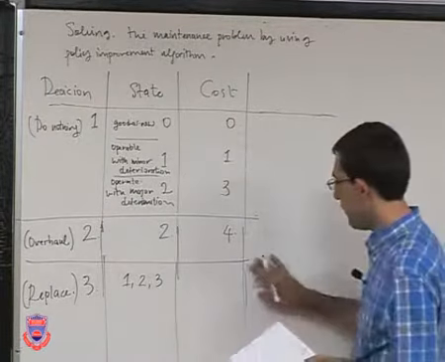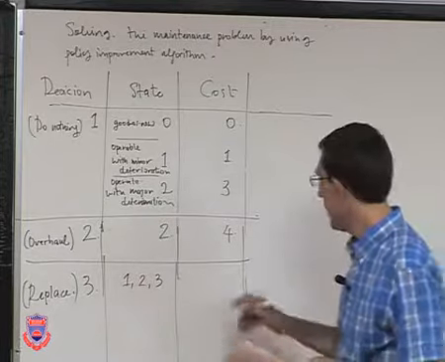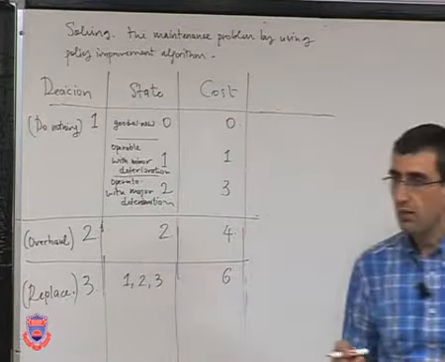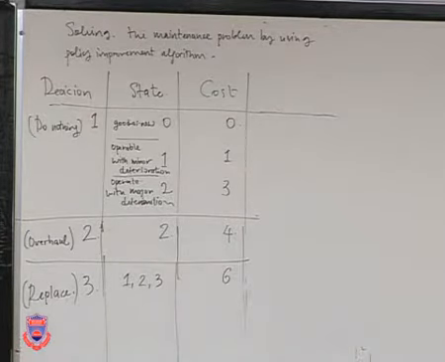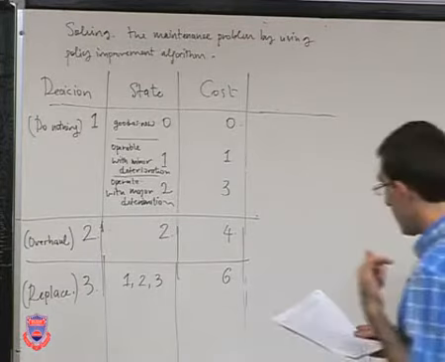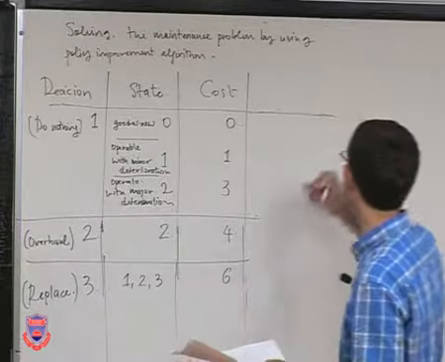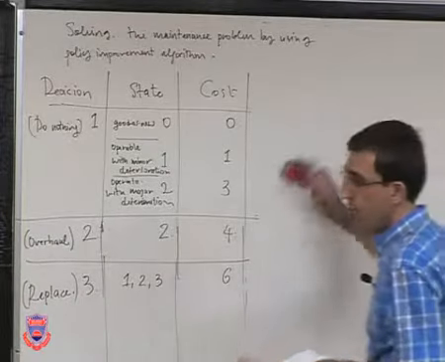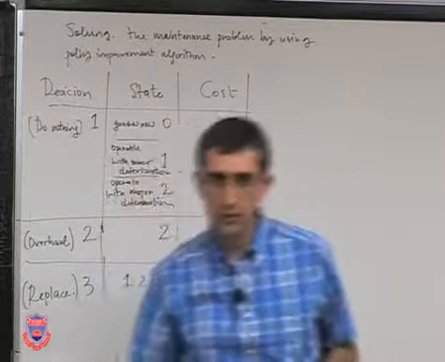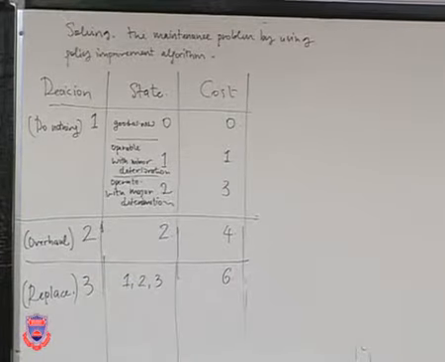There is no reason to replace it. In state 3, the cost was $6,000, right? $4,000 was for replacing, or the price of a new machine, and it takes a week to replace the machine, so you are also accountable for the $2,000 of production loss, right?